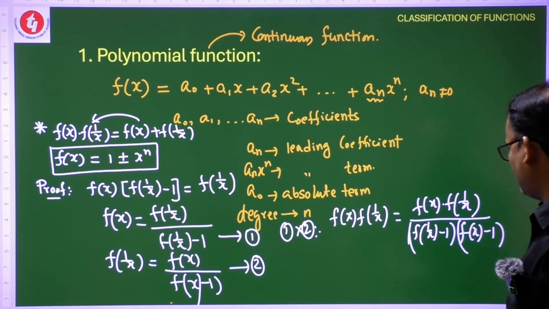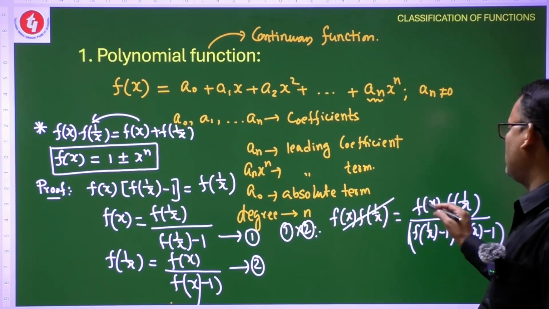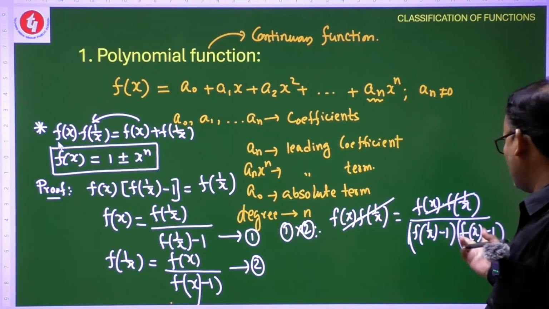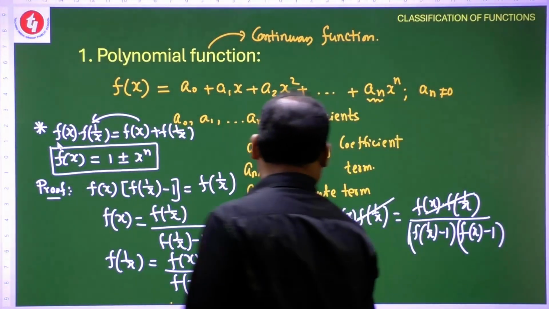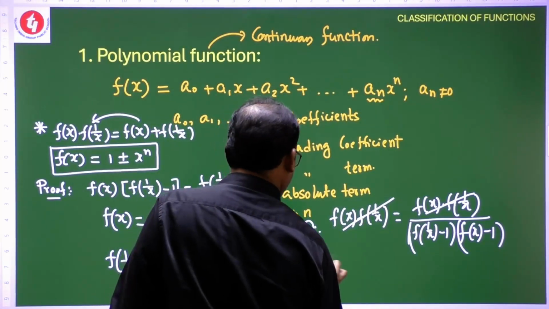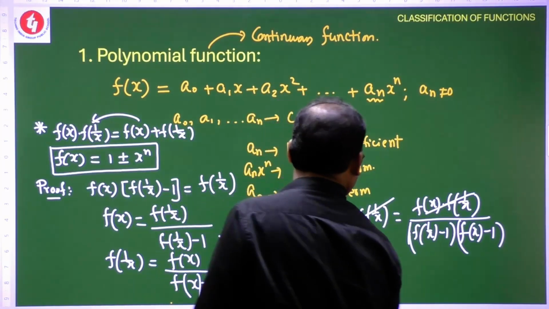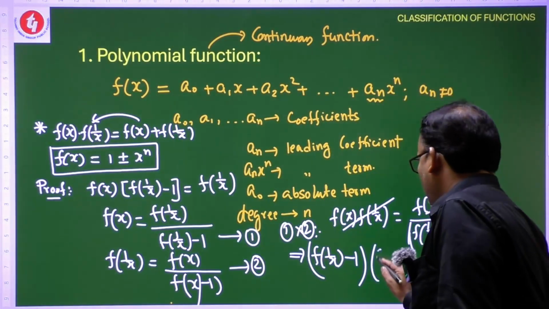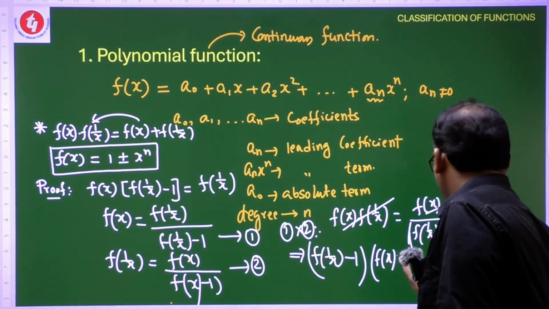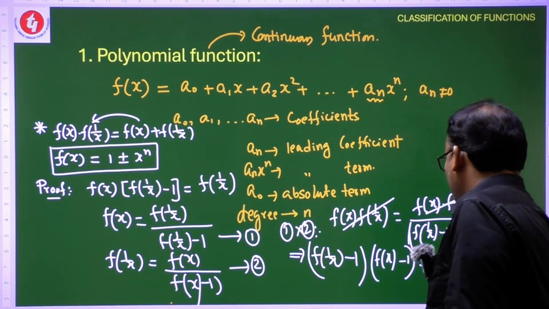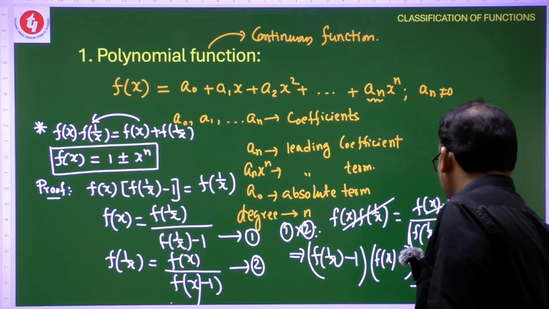These two parts cancel out because our polynomial is non-zero. So the product of f of 1 by x minus 1 and f of x minus 1 is 1. I am calling this one 3.